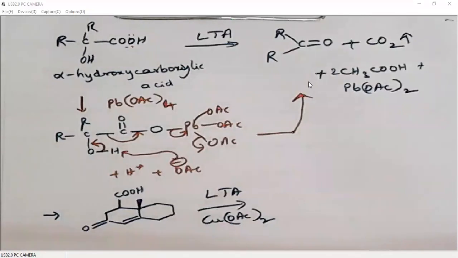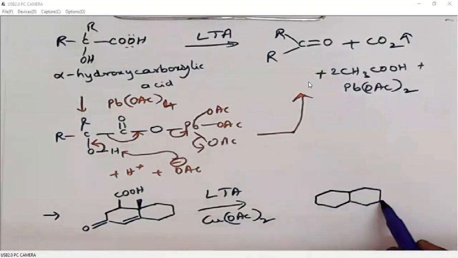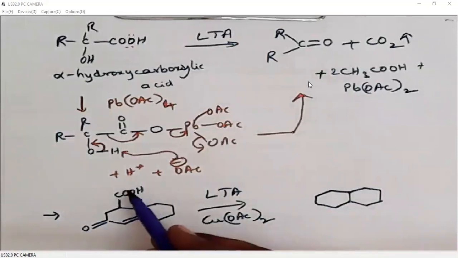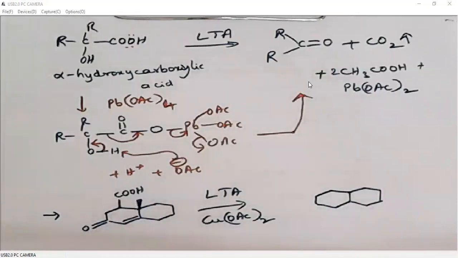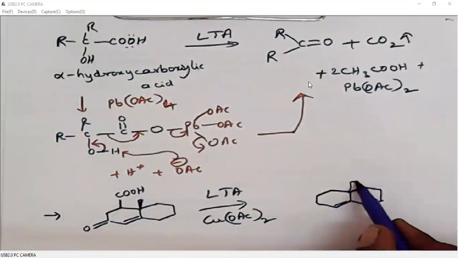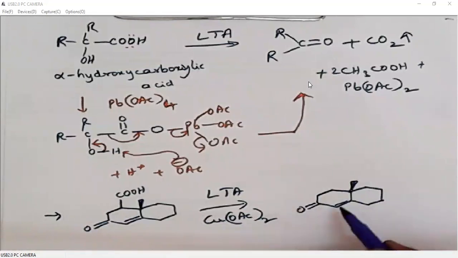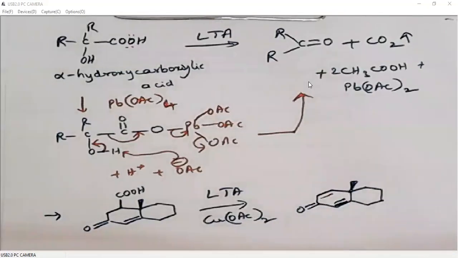In the previous case, I told you about the esterification, but here it will undergo decarboxylation. That means this carboxylic acid will be leaving, and another proton from here will also be leaving. So it generates a double bond here.